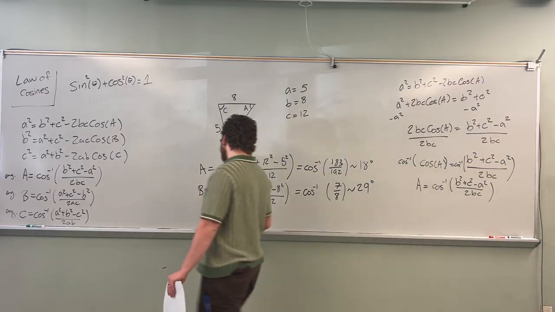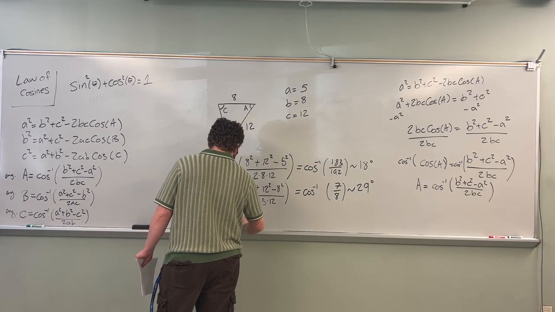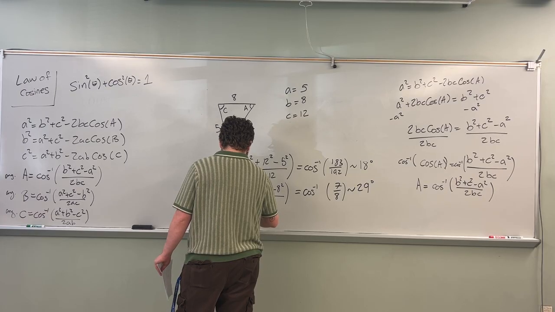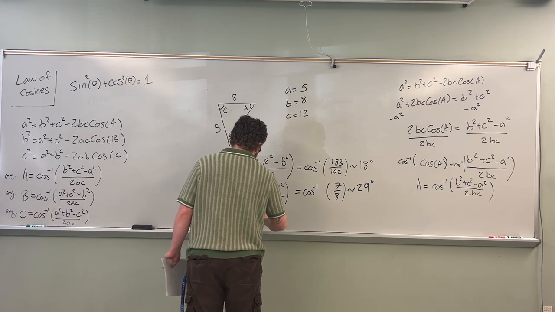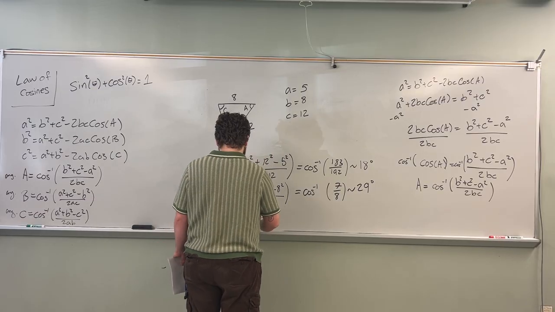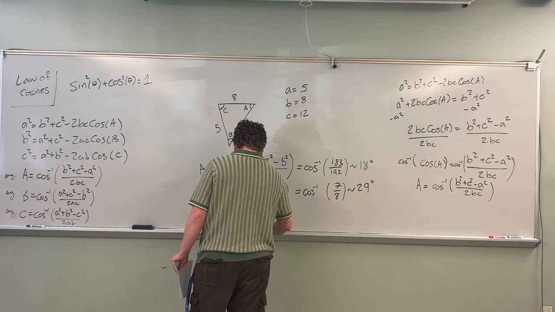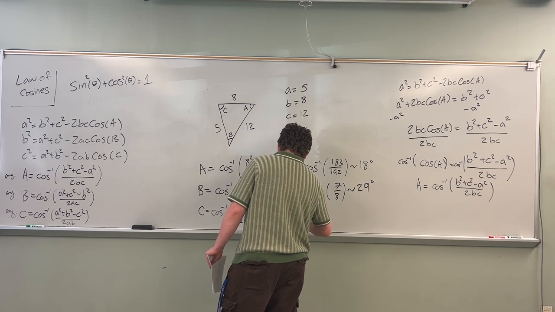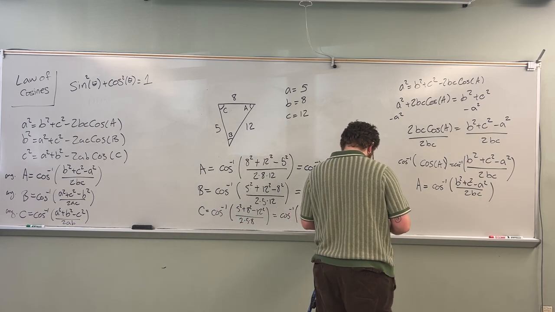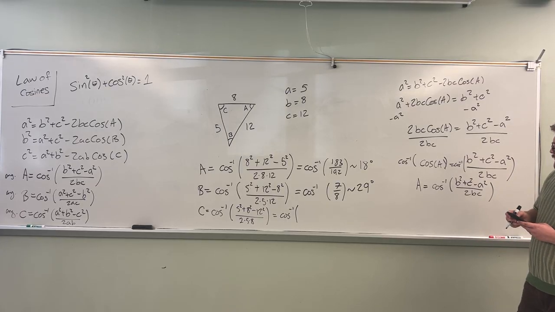And then same thing for this last angle. C is the inverse cosine of a squared, 5 squared, plus b squared, 8 squared, minus c squared, 12 squared, divided by 2 times a, 5, times 8. That's equal to the inverse cosine of, I believe that's negative 5/8, but I want to check that.